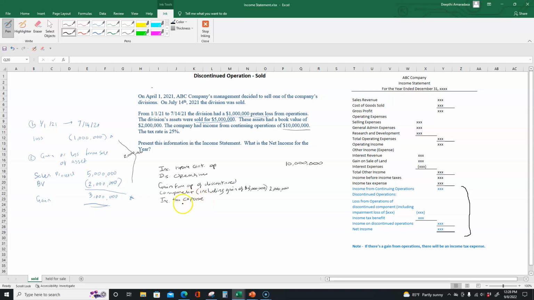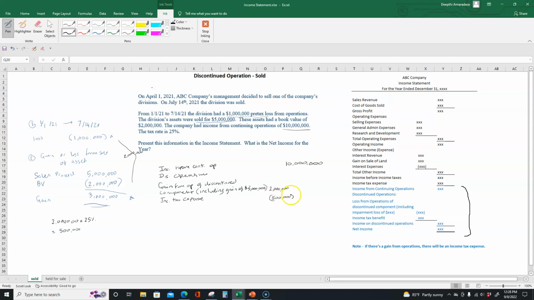And that expense, to calculate it, you take the 2 million gain. And they said the tax rate is 25%, so you just multiply that by 25% and you get 500,000 to be your income tax expense. So let's go ahead and put 500,000 as the income tax expense.